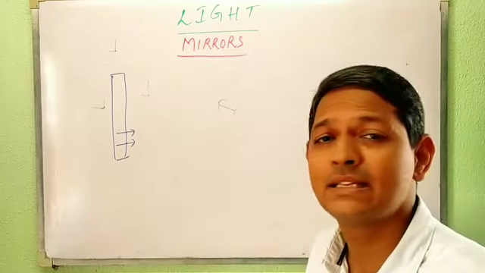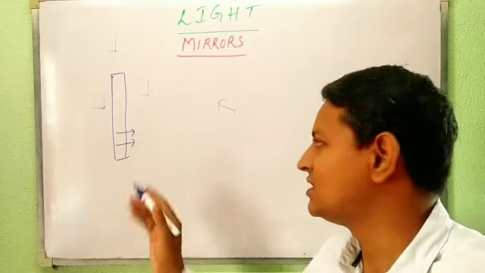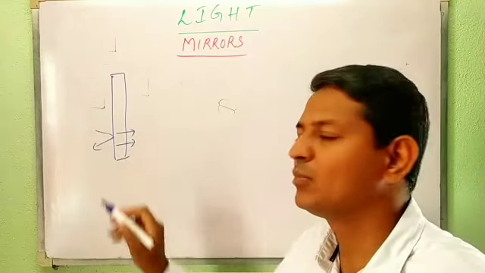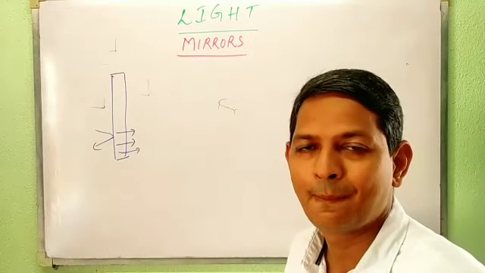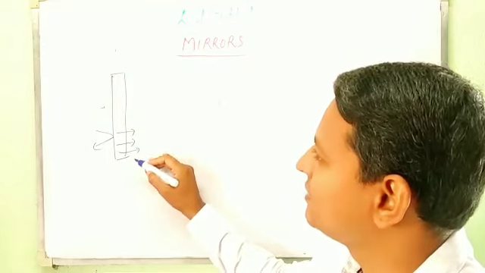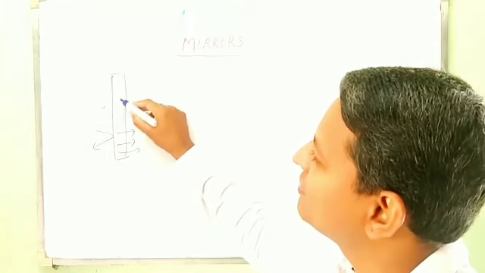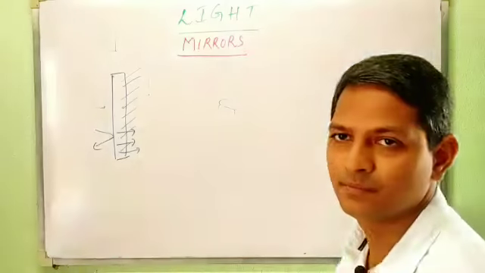Glass is a transparent substance. As glass is a transparent substance, it will not reflect most of the light falling on it. It allows the light to pass through it. So if you coat this glass with a substance which reflects the light back, then that becomes a mirror.